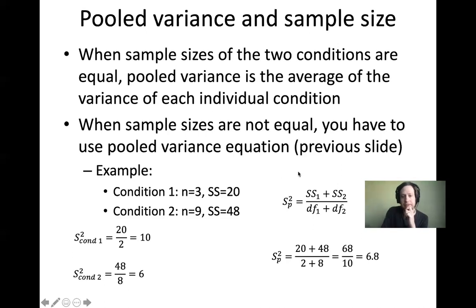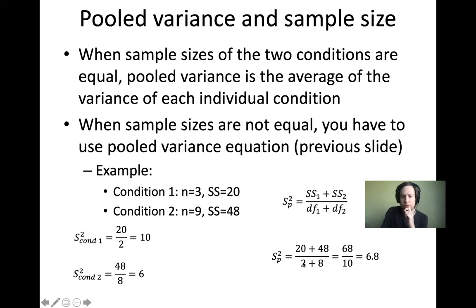And so here, once again, is the pooled variance equation. And here I'm just plugging in these numbers to get our pooled variance. So 20 is sum of squares 1, plus 48, sum of squares 2 for condition 2, divided by 2 plus 8.